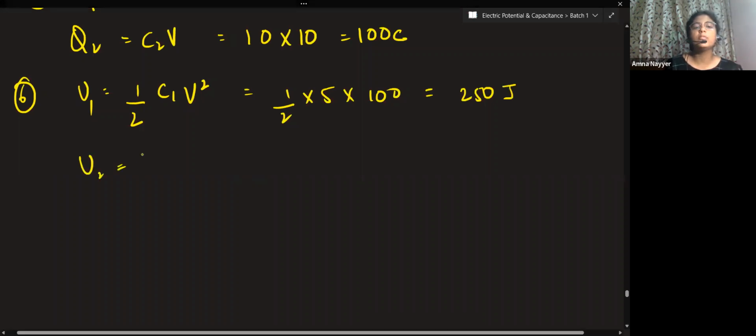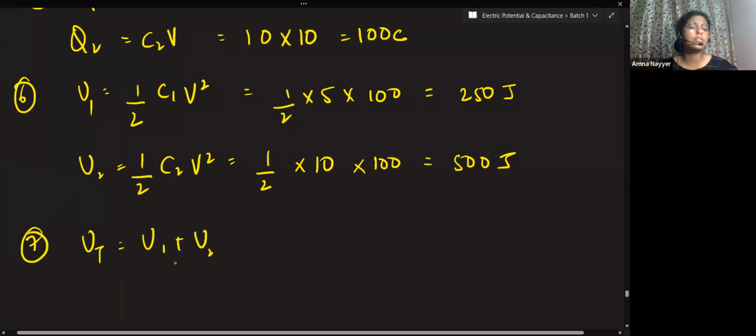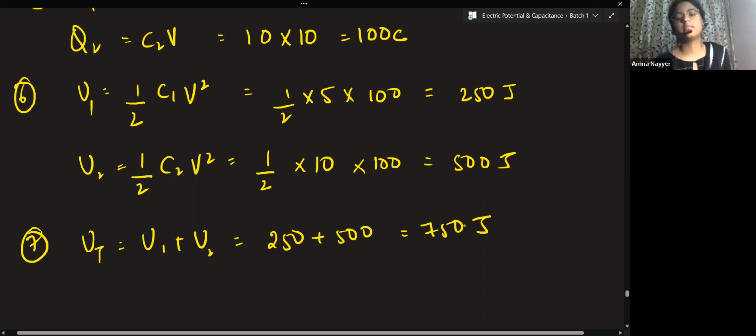Then U2 will be half C2V square. C2 is 10, V square is 100. This becomes 1000 by 2, that is 500 joules. Last part says total energy. Add both the energies, you will get the total energy of the system. This will be 250 plus 500, you get 750 joules. This is your final answer.